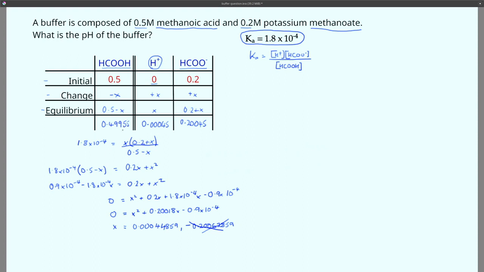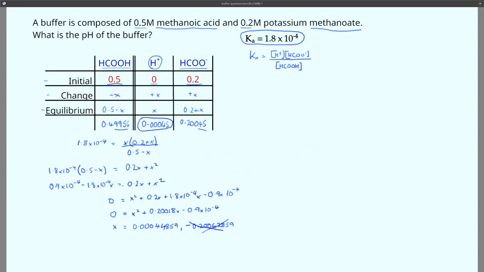You should be able to see this is a very small deviation from 0.5, and this one is a very small deviation from 0.2. Right, anyway, this is the number we're interested in. We actually don't care about these two too much, but this one is the number we're interested in.